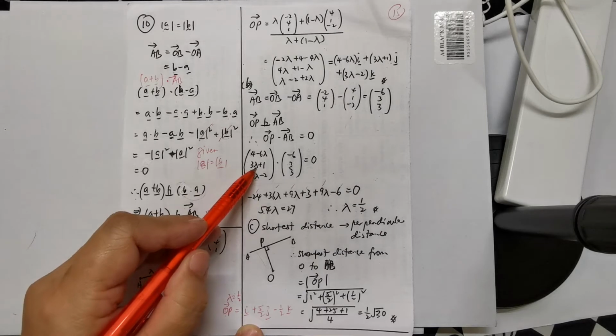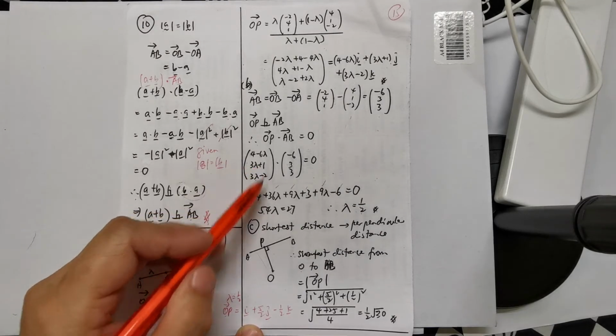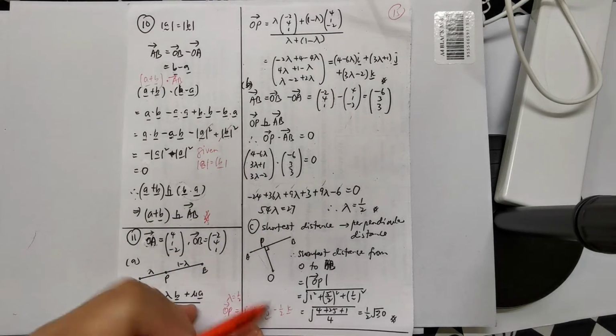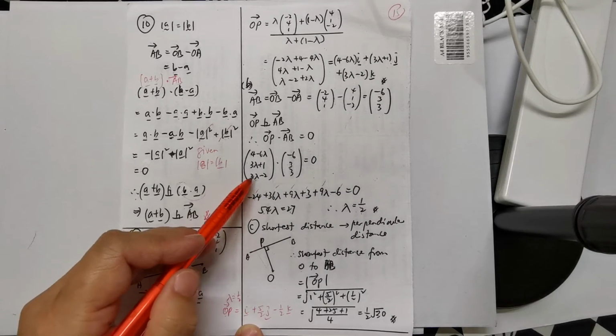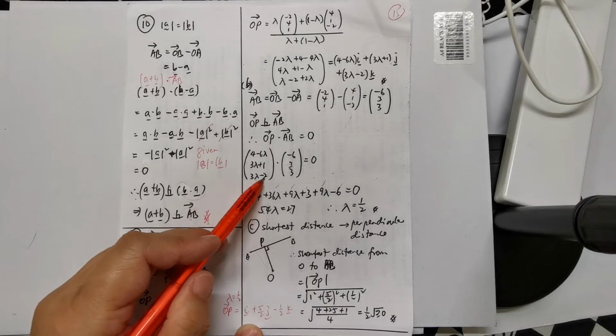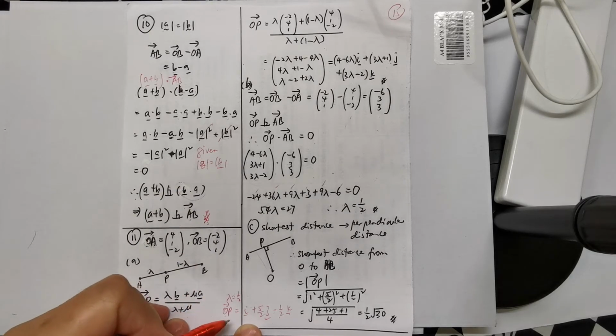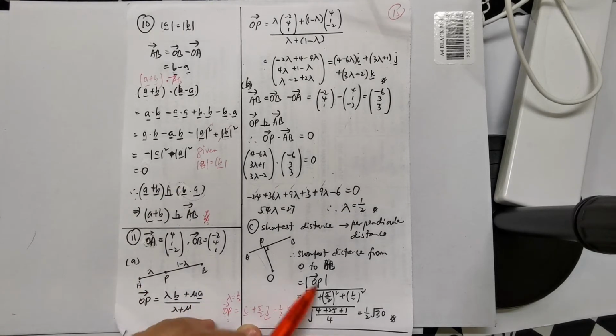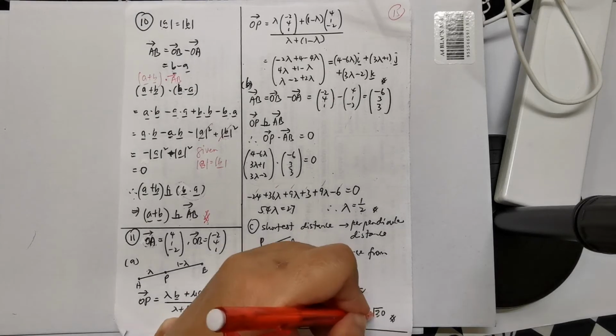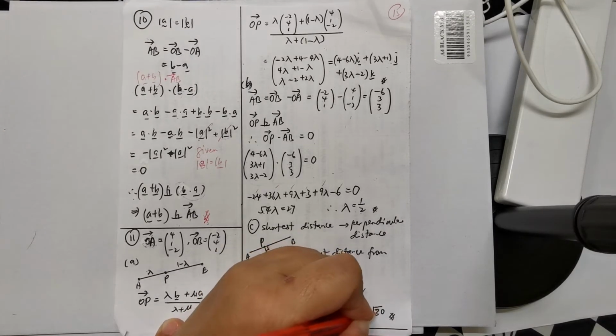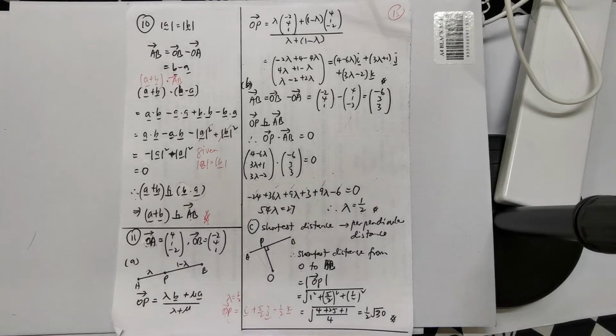When lambda is half, 3 over 2 plus 1, 5 over 2, so 5 over 2 j. And 3 over 2 minus 2, negative 1 over 2 k. When lambda equals half, this is your OP. So find the modulus, sub in all the components. After simplifying, it is half multiplied by square root 30.